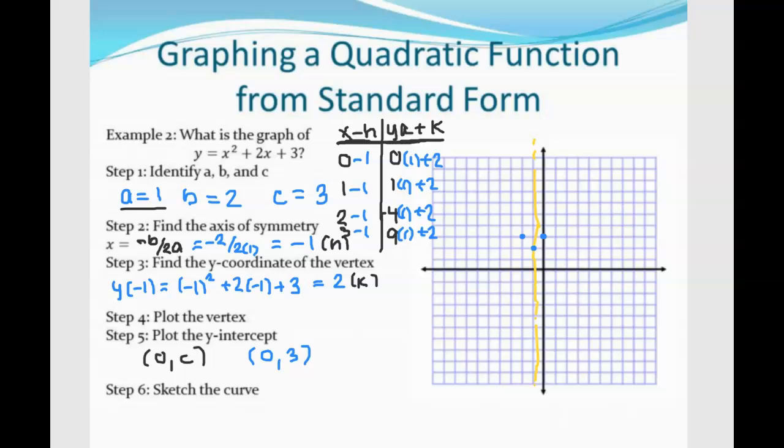And this works for standard or vertex form. So you can see 0 minus 1 is -1. 0 plus 2 is 2, so that's your vertex. The top point will always be your vertex.